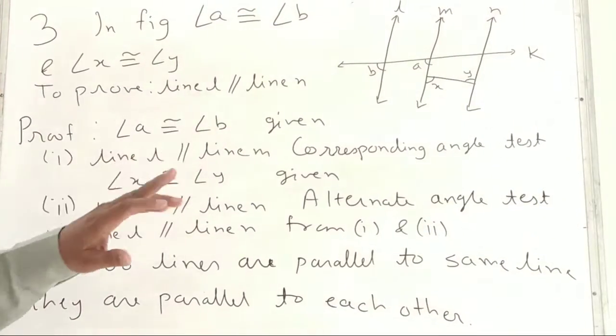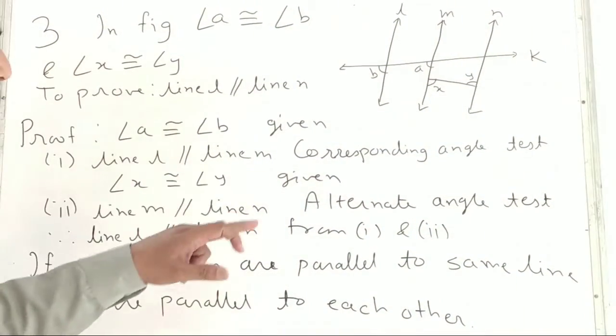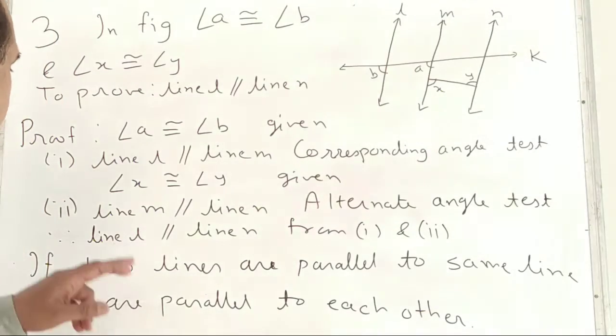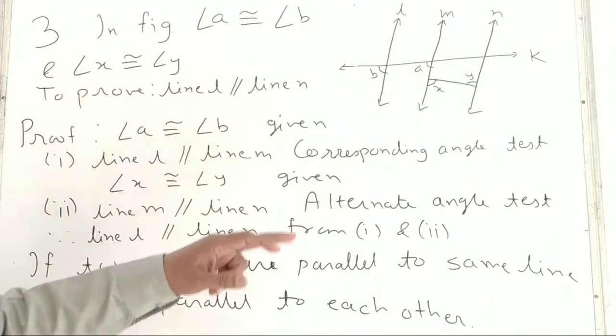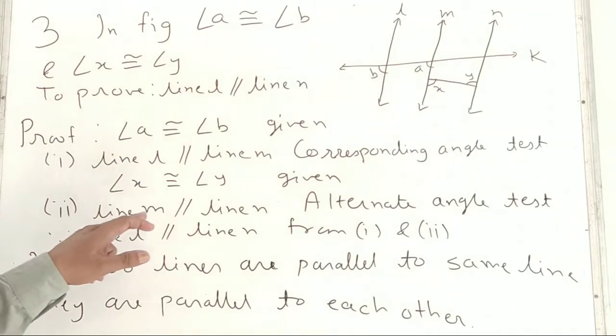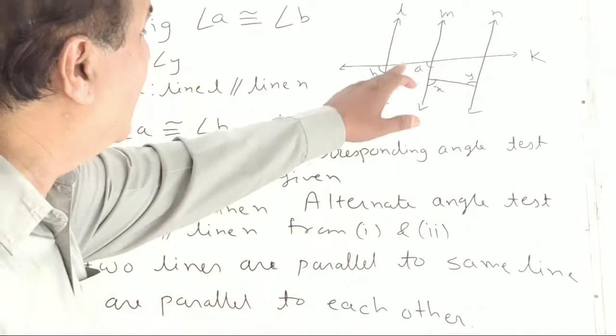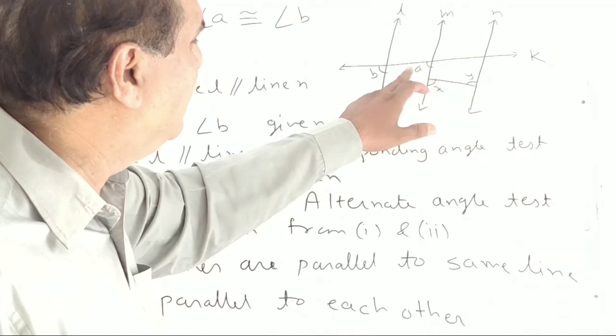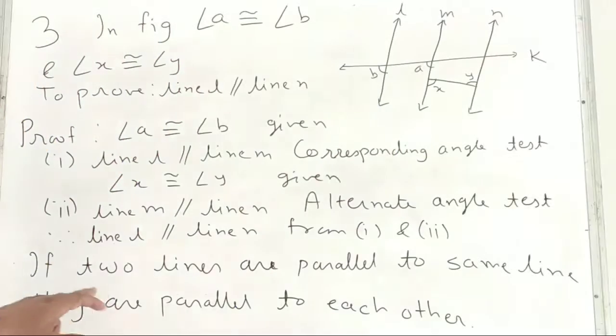See, the proof is systematic. Angle A congruent to angle B, given. So line L parallel to line M, corresponding angle test. Then angle X congruent to angle Y, given. So line M parallel to line N, alternate angle test.